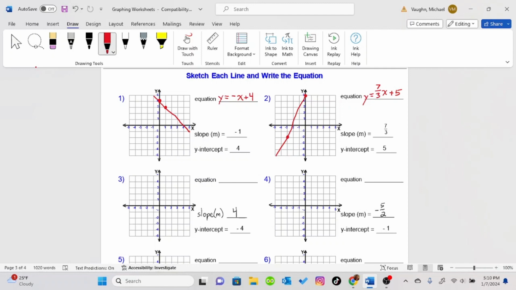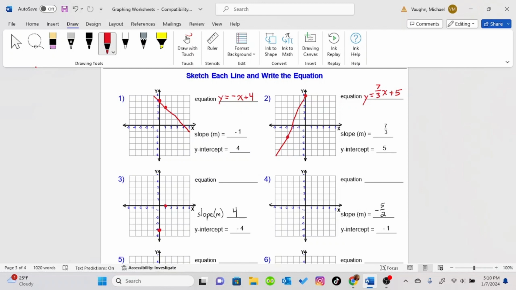Number 3. We have our y-intercept at -4, so we're going to put our point at y equals -4. The slope is 4. That means we go up 4, right 1. And you can do that once, or you could even do this again.